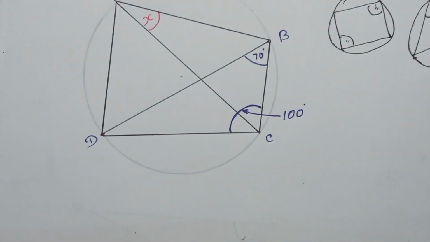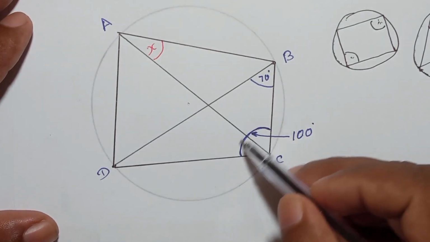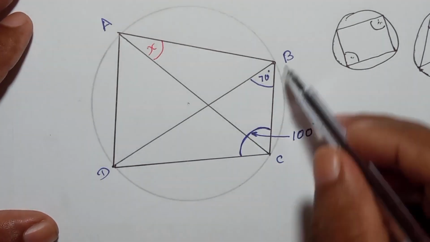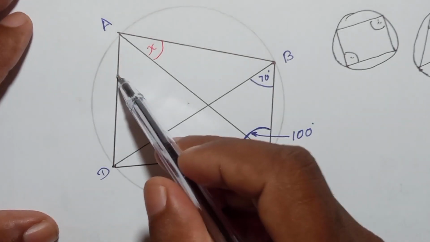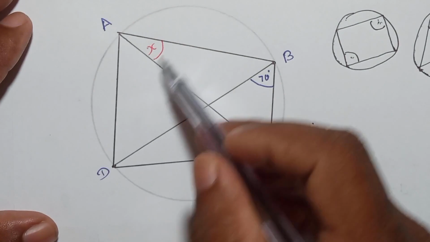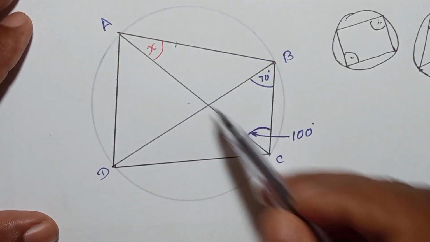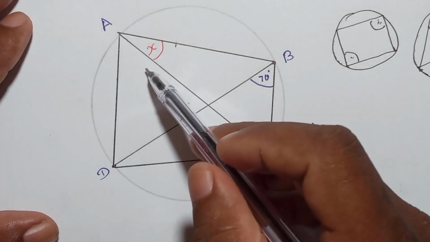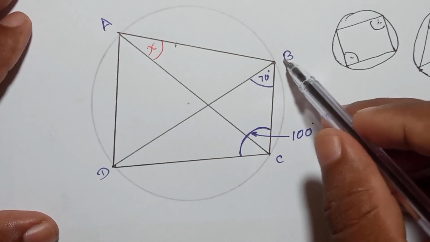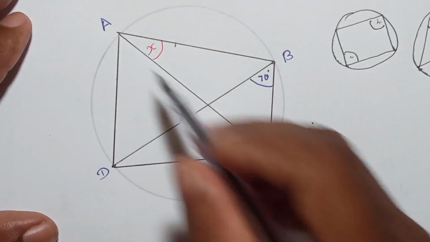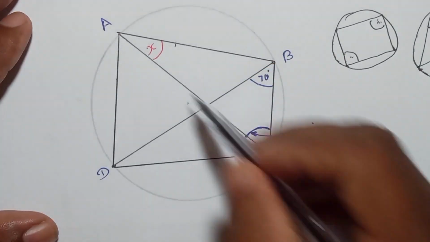Now here, if this is 100, that means BCD, then here, if this is 100, this should be 80. How? Because these are opposite angles of a cyclic quadrilateral. In this quadrilateral, this angle and this angle are opposite.